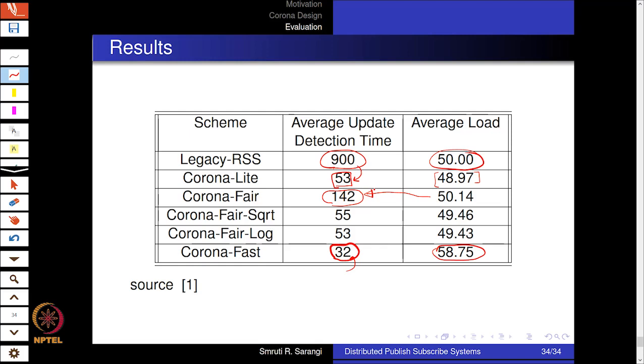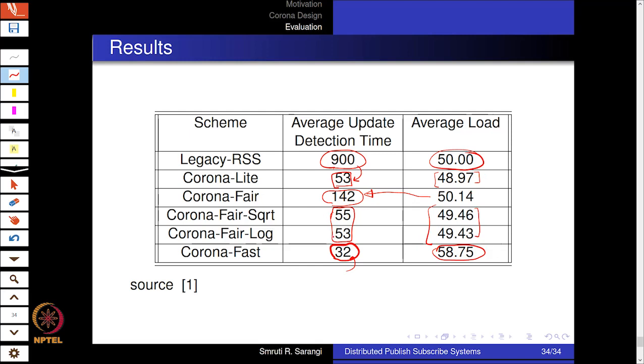But once that was tempered down and made fair, so that even slow moving content will at least get some servers, with this fair regime, with both the square root and the log schemes, the update detection time came roughly to the same ballpark as Corona Light, albeit with much more fairness, and the load also remained very similar to the baseline RSS load.